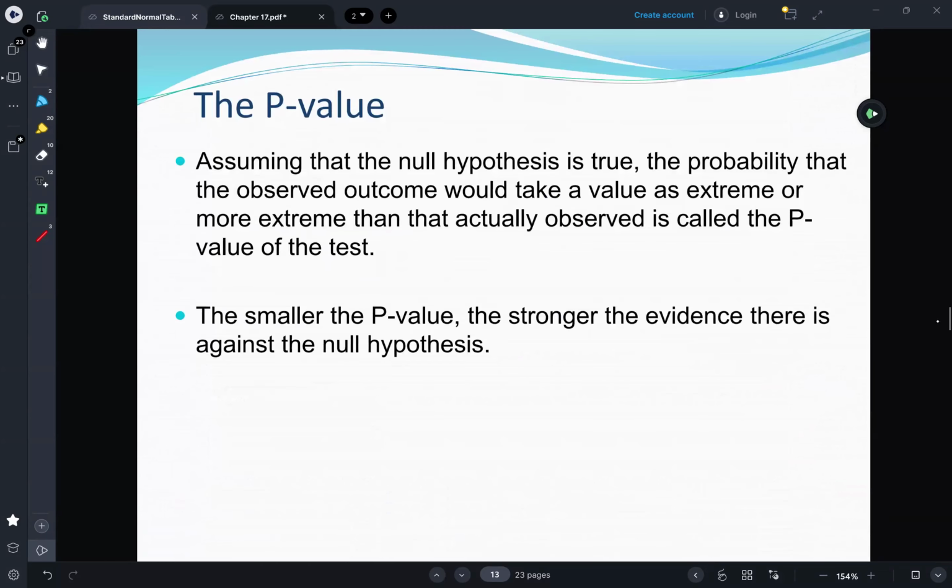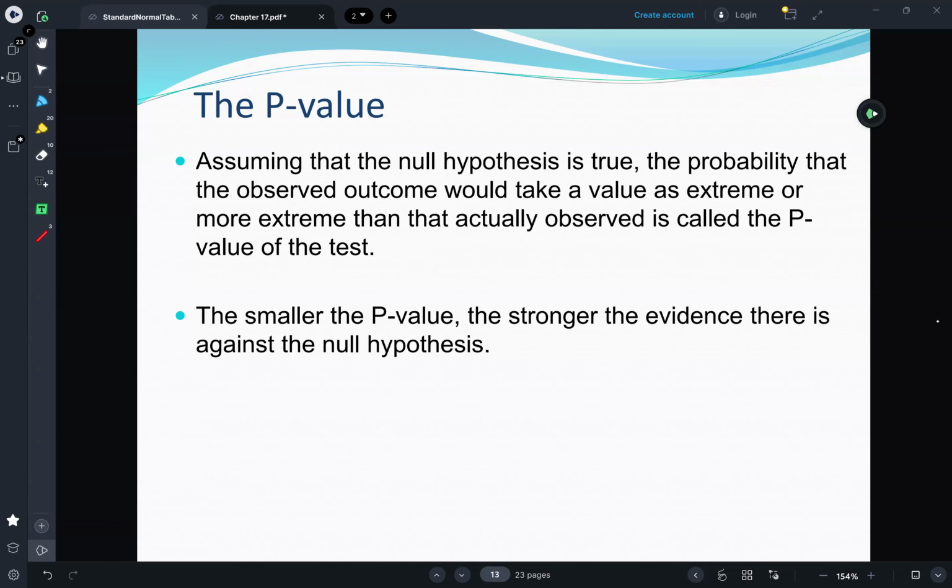So what is this p-value all about? It's going to be the value that helps us make a decision on the test. Reject or do not reject. That's our decision. And so we assume that the null hypothesis is true, right? And the probability that the observed outcome would take a value as extreme or more extreme than that actually observed is called the p-value of the test.